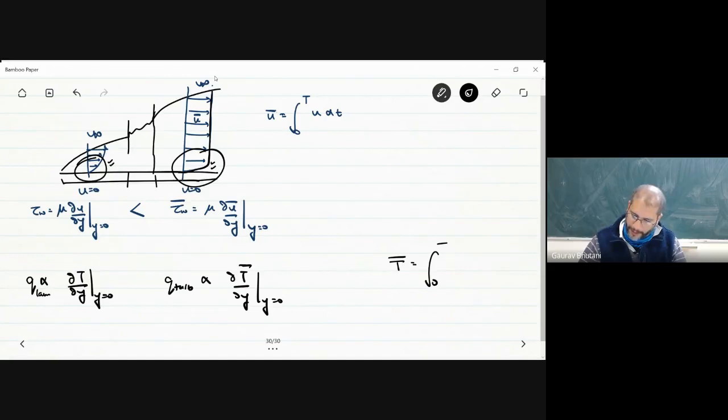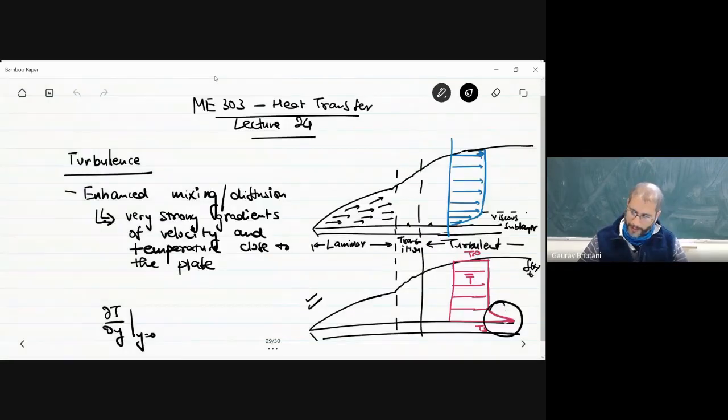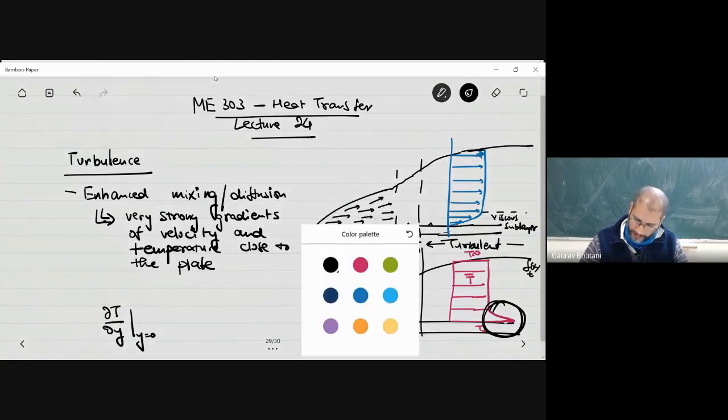It is an integral over some time. Since I've used capital T for temperature, I have to use some T tilde, so I'll call it T tilde. So it's an average temperature profile, and then what we see is that again the gradients are very strong in this region as compared to what we see here in the laminar region.